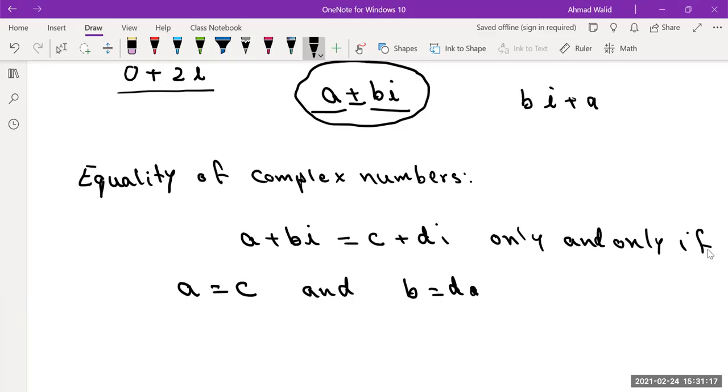Two complex numbers can be equal to each other only and only if their real parts are equal to each other and their imaginary parts are equal to each other. In that case, you can say these complex numbers are equal to each other. Later, maybe we solve some equations, correct? You can solve some equations using this property.